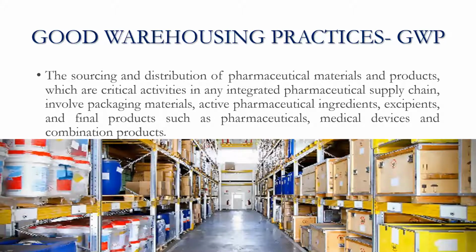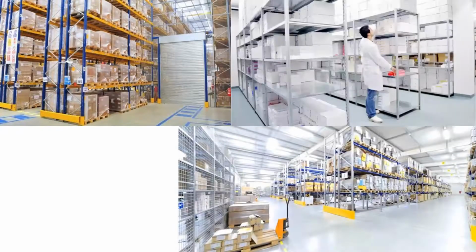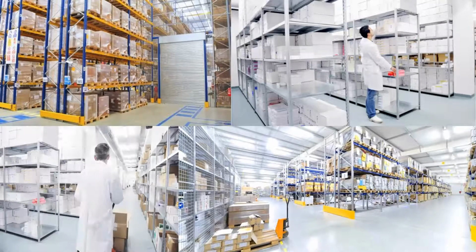You can see an example of a warehouse in the picture shown below. There are different types of warehouses, but we need to maintain the illumination, that is the light intensity, the temperature, and also the humidity, because these are the major factors when we are storing the drug in a warehouse for a longer period.